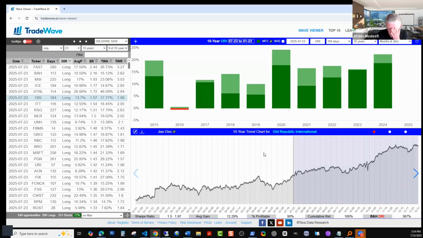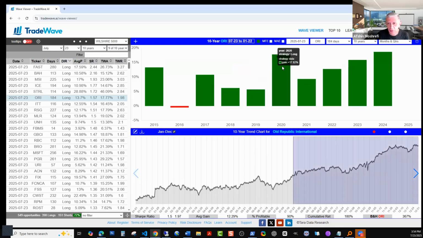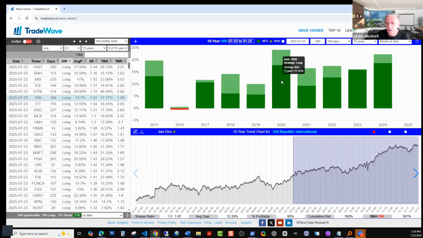As I mentioned to you, Sharpe ratio is calculated based on this dark green part. But TWR is calculated exactly the same as Sharpe ratio, except it uses the dark green plus light green part.